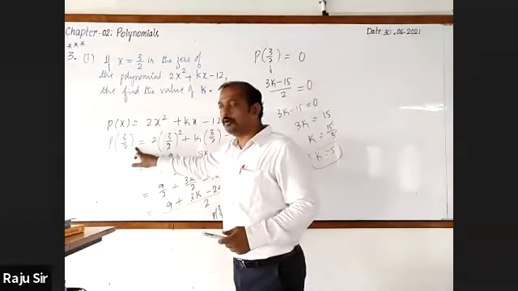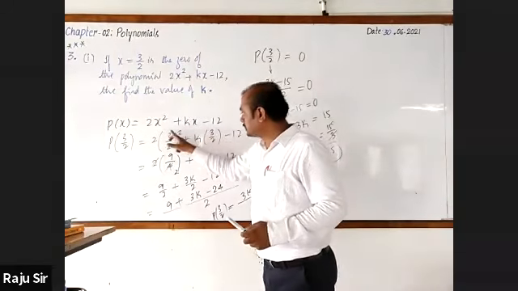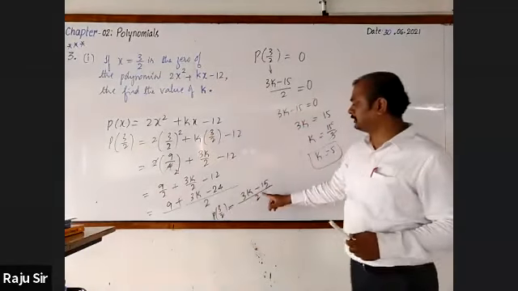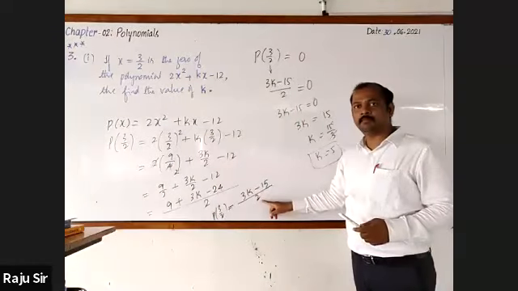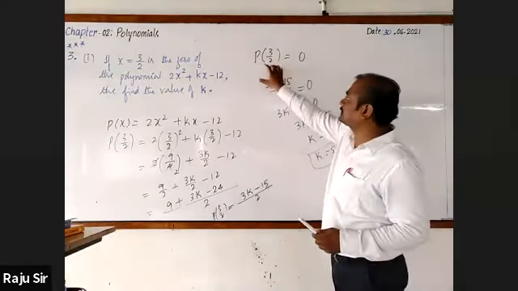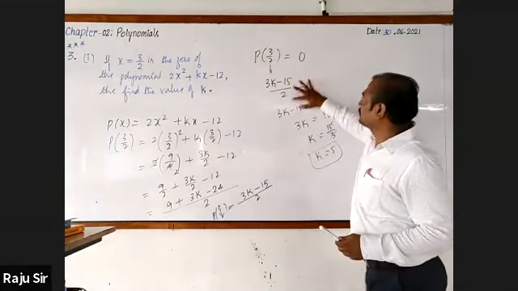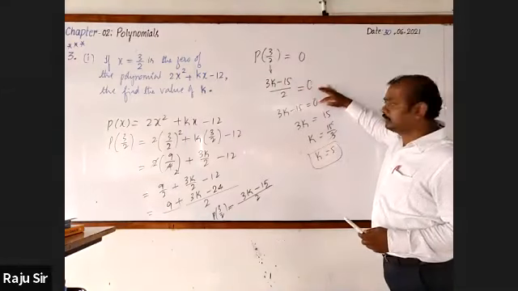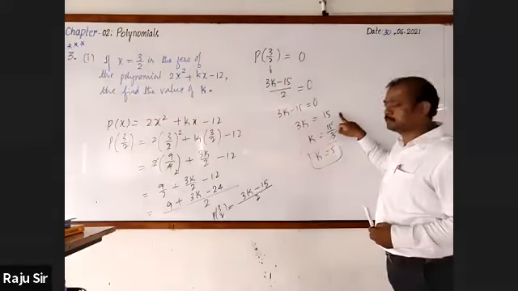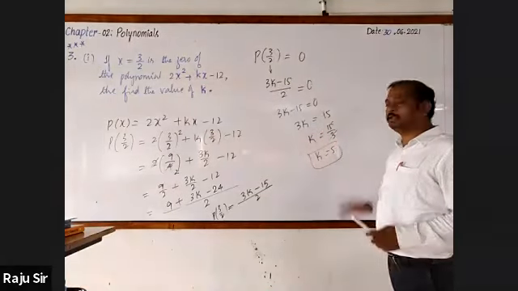That has been found out here by taking the given polynomial. On substituting and simplifying, you get 3k minus 15 by 2. And substituting 3k minus 15 by 2 in place of P of 3 by 2, then it is equated to 0. Cross multiplying, it is 0. Transferring, it becomes plus 15. Transposing, 15 by 3 is nothing but 5. Got it?